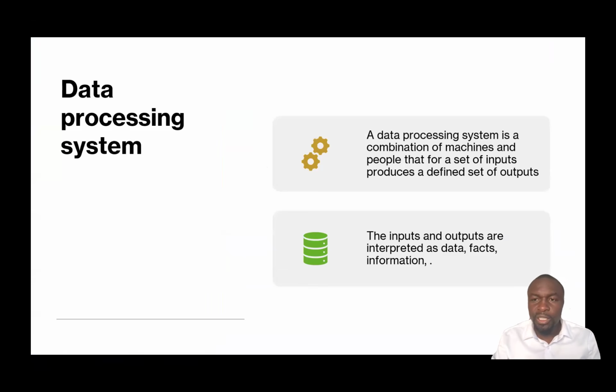Now, a data processing system is a combination of machines and people that for a set of input procedures finds a set of defined outputs. All right. So in this case, what we're interested in is a system.